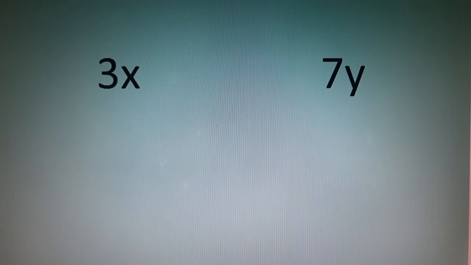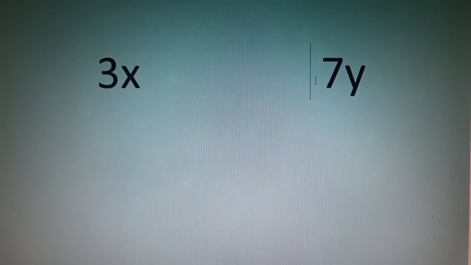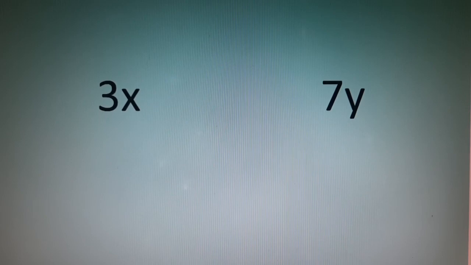Now look at this example. We have two variables. There are two terms, 3x and 7y. Now I am going to combine these two terms with plus sign.